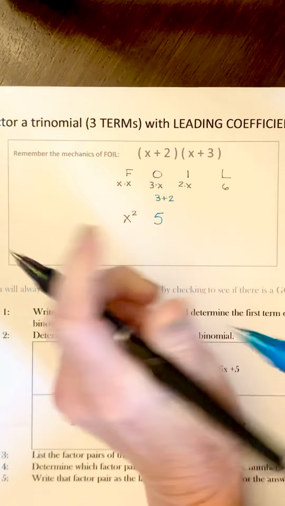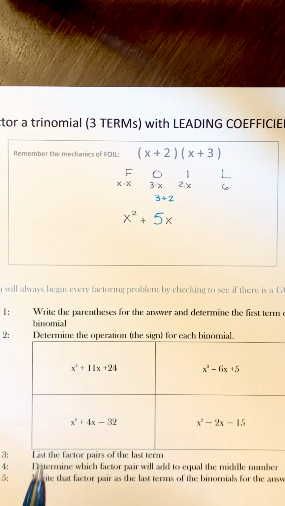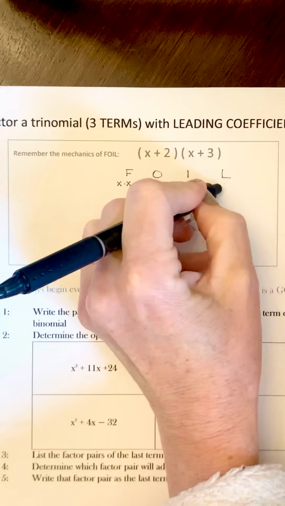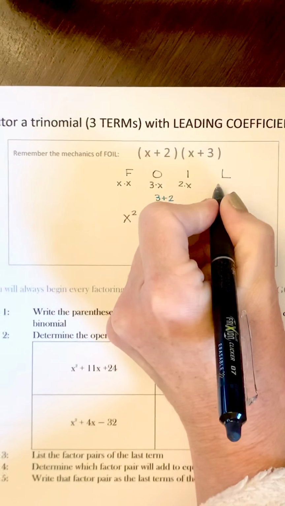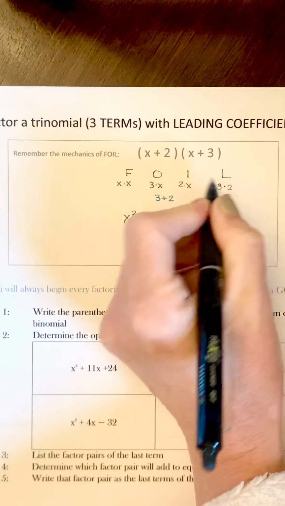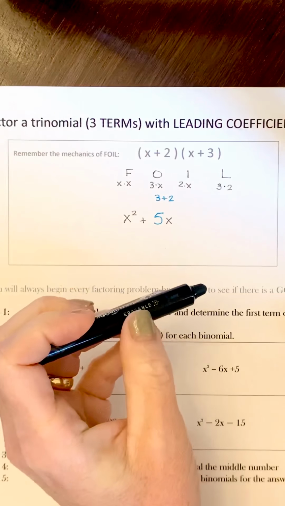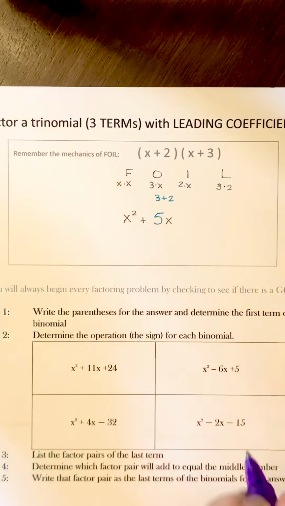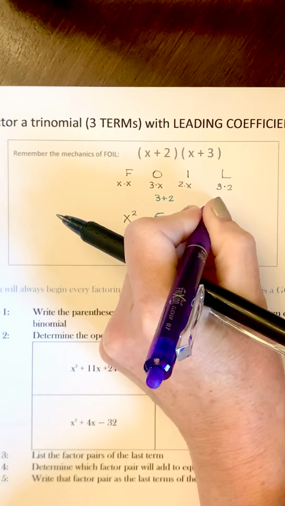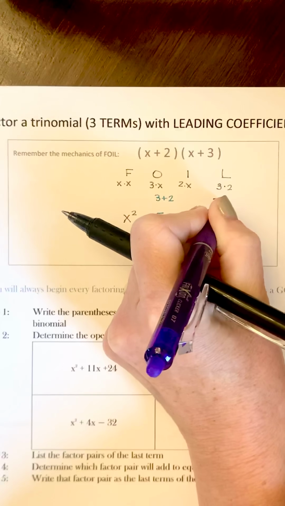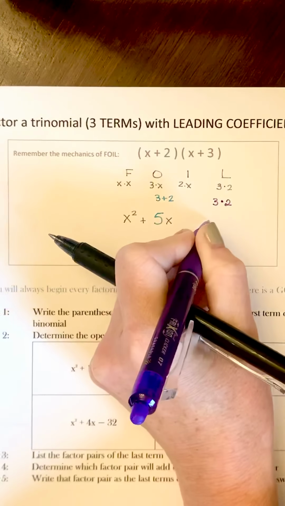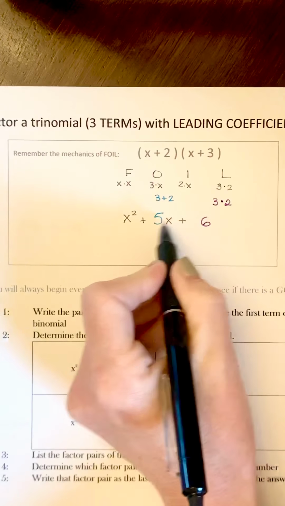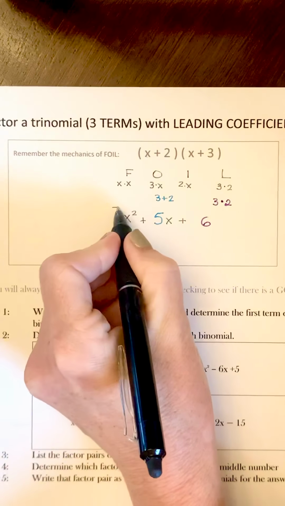Okay, and then you would multiply the last terms together, 3 times 2, and get the last term, which was 6. All right, and then that would be your answer.